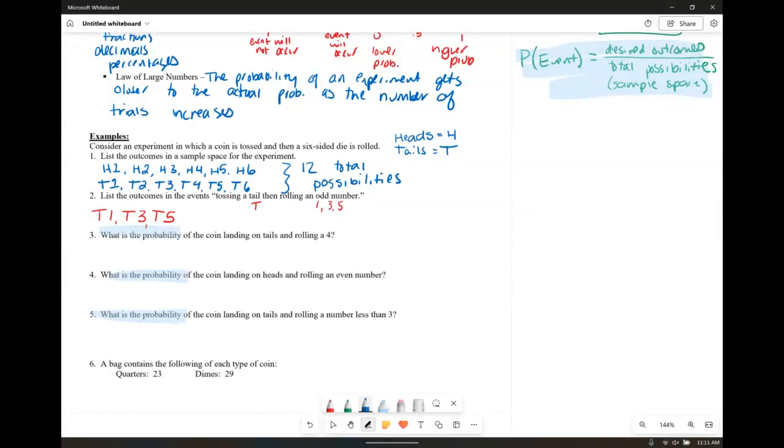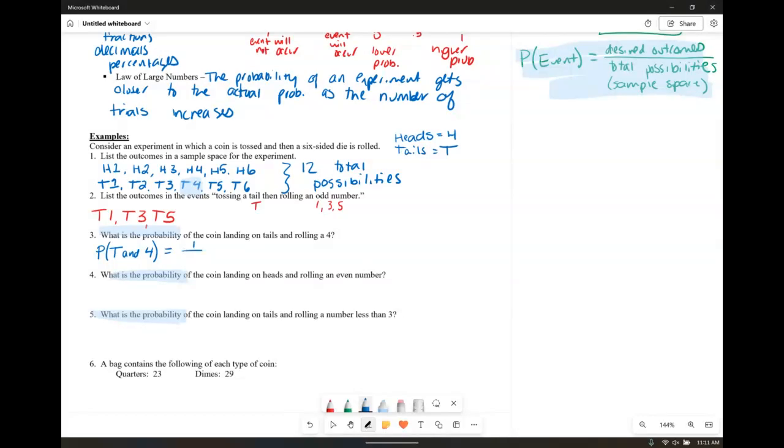Okay, now here we get into some probability problems. It says, what is the probability of the coin landing on tails and rolling a 4? So I need the probability of landing on tails and a 4. I'm going to look at my sample space and find that desired outcome. Right here, I've got one desired outcome.